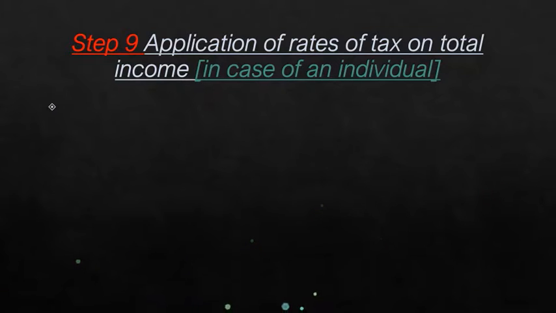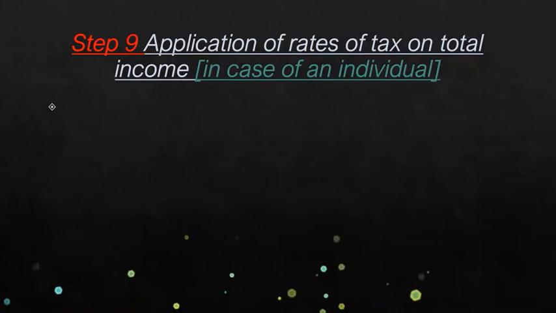Step 9. Application of rates of tax on total income in case of an individual. Up to 2.5 lakh, in case of an individual below 60 years. Up to 3 lakh, in case of an individual who is 60 years or more but less than 80 years and resident in India.